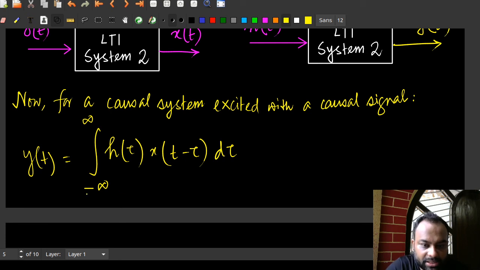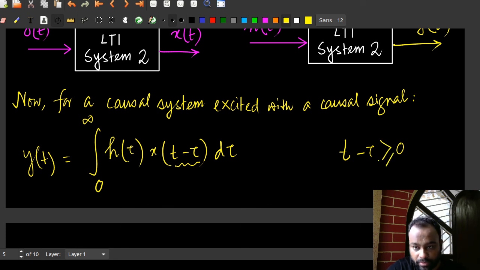So this will have to be reduced to 0, because before tau equal to 0, this value will be 0. So there is no point of integrating, right? And also, since the input we are talking about is a causal signal, this is also causal, then this internal argument value must also be greater than 0. So I am saying t minus tau must be greater than or equal to 0.